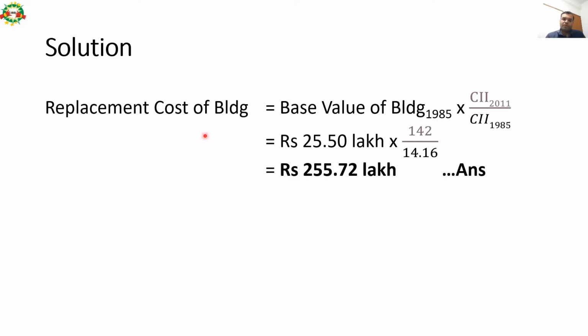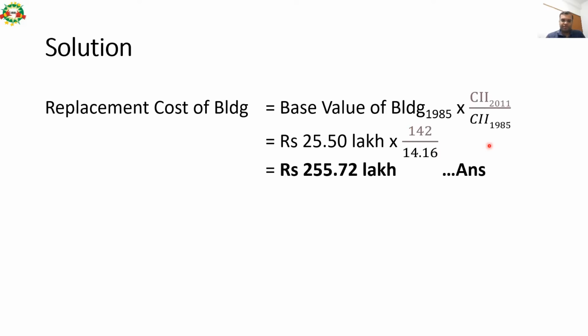So replacement cost of building is equal to base value of the building in 1985 multiply by cost inflation index for current year, which is 2011, divided by cost inflation index 1985. So this formula derivation we have already understood on multiple occasions in previous sessions. So this is nothing but a repetition of the formula which we have already utilized.